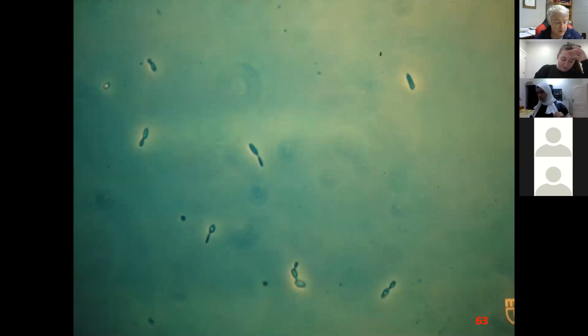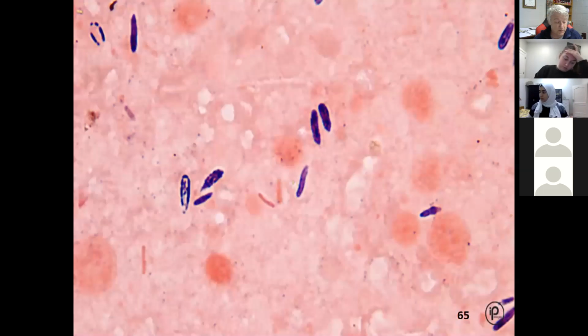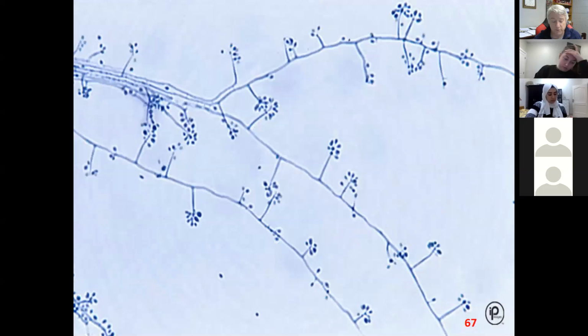63, Sporothrix schenckii. 67, we have two of these? Oh, the different form, right? Mold form.